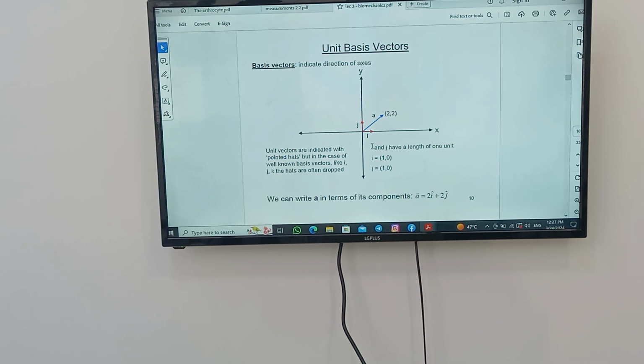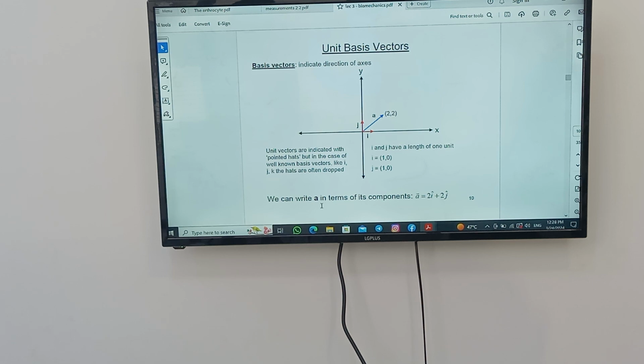So i means 1, 0, and j means 0, 1. Unit vectors are indicated with pointed hats, but in the case of well-known basis vectors like i, j, and k, the hats are dropped.